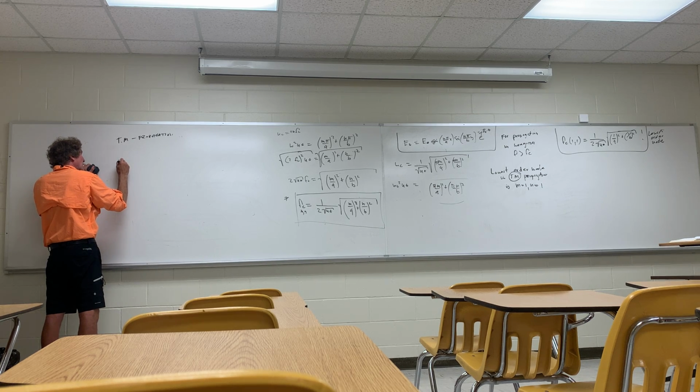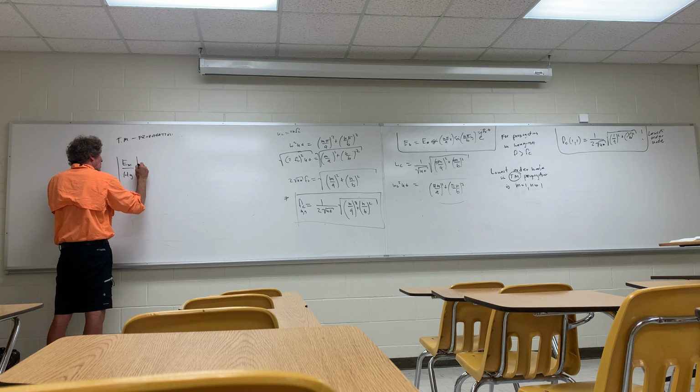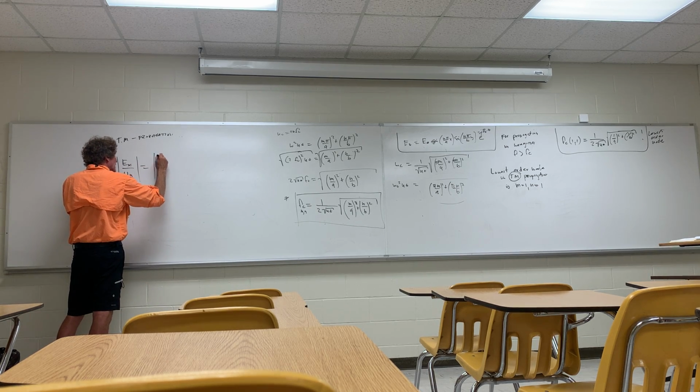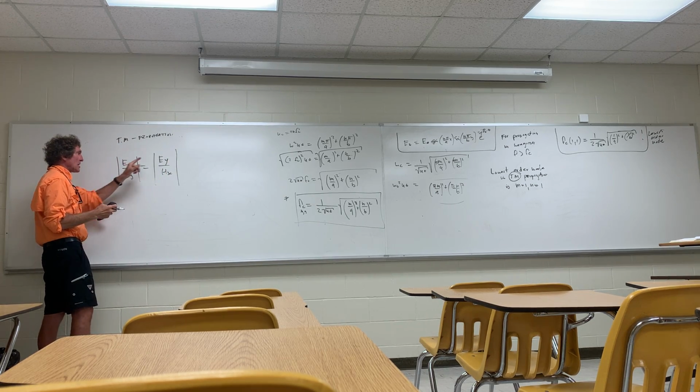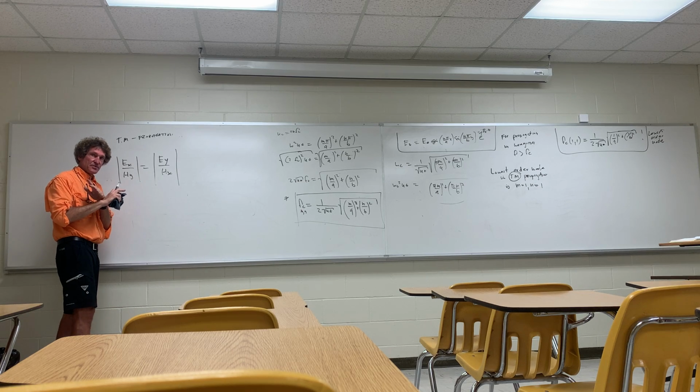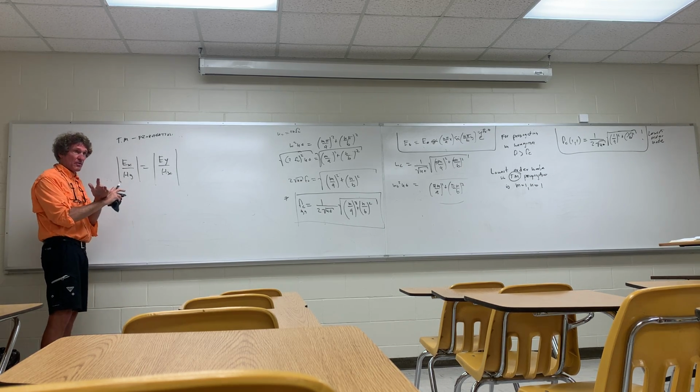The ratio of EX to HY, or the ratio of EY to HX, you'll notice they're perpendicular to each other. XY, YX, both the E field and H field are perpendicular. They're not EX to EY. Y'all follow me on this?